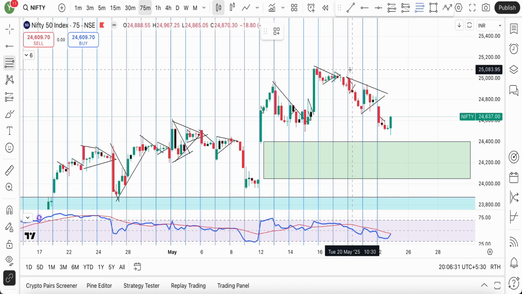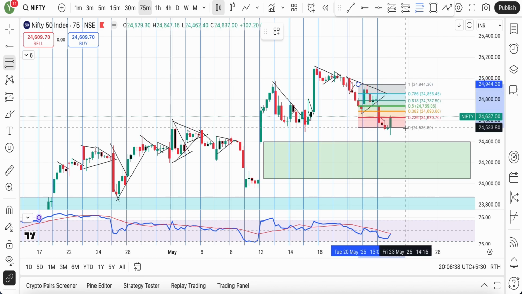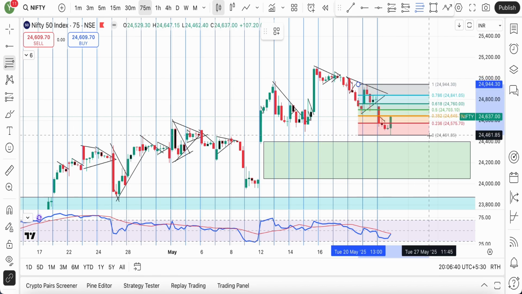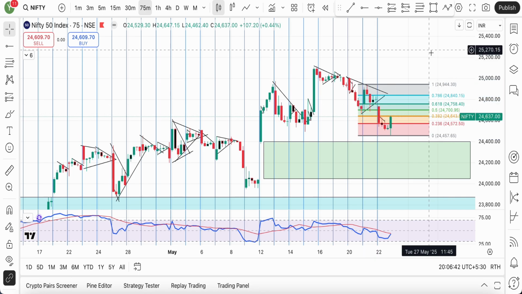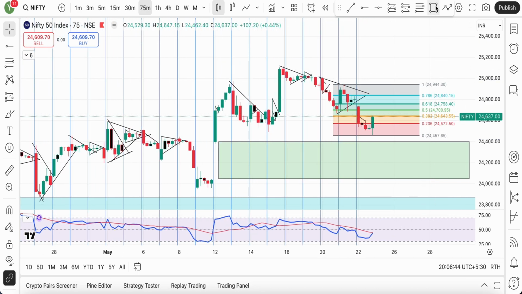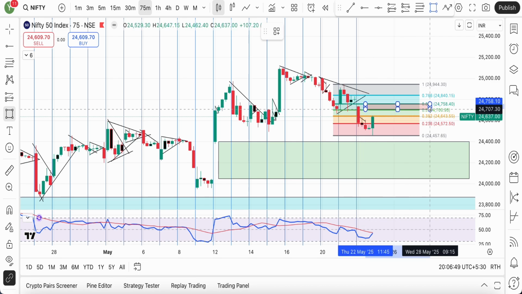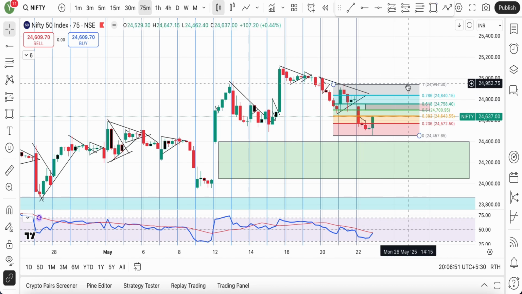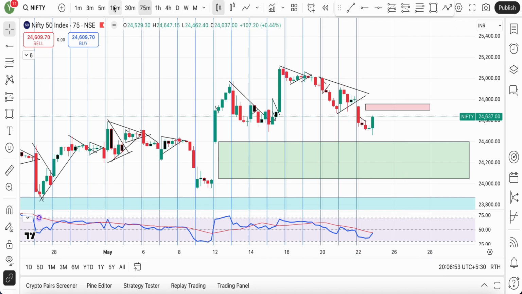But if we use a fib from this high, where the market took a rejection, to today's low, we will again mark the 0.5 to 0.618 zone. This level is important for us, right?